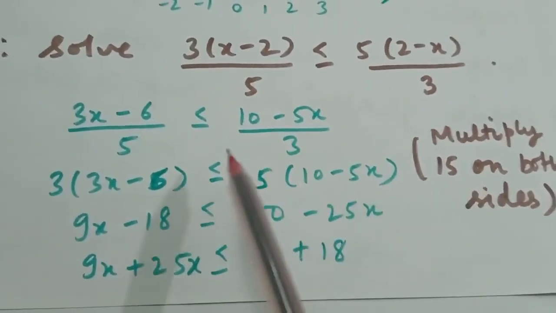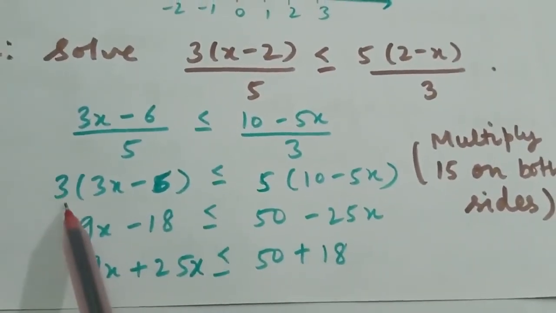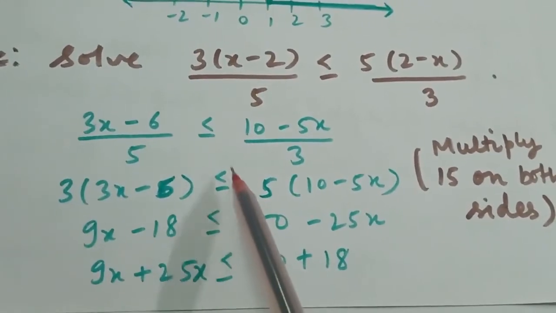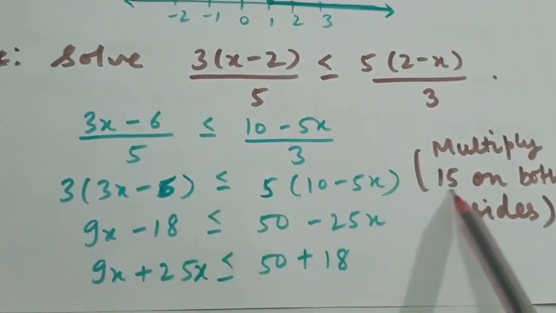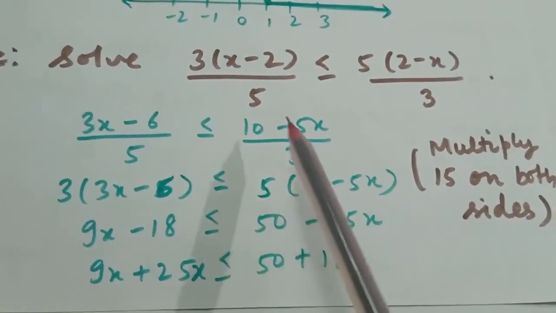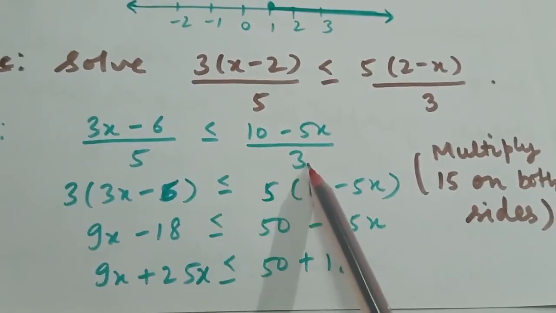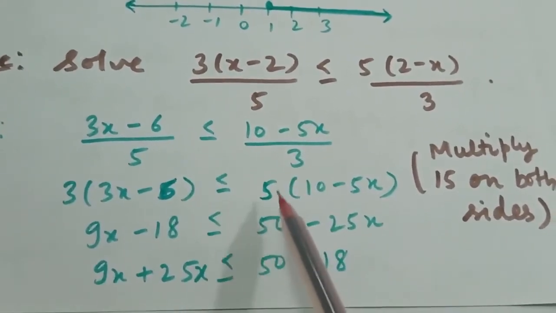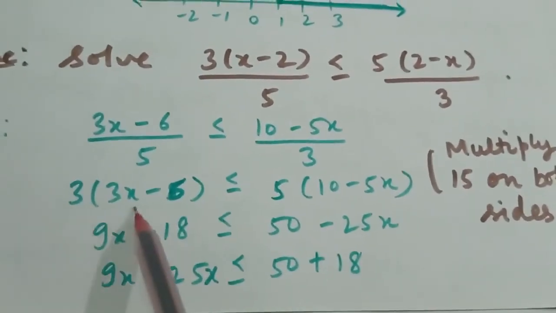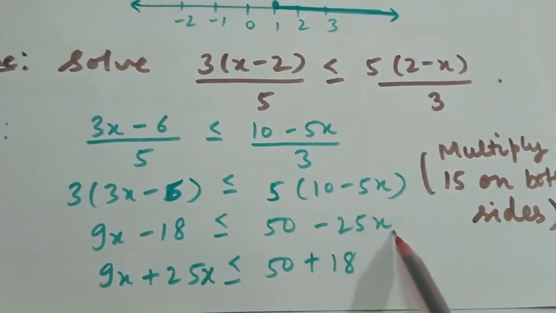Multiplying both sides with 15, you will be left with 3(3x - 6) ≤ 5(10 - 5x). The sign will not change as we are multiplying by 15, a positive number. Now multiply this: 9x - 18 ≤ 50 - 25x.